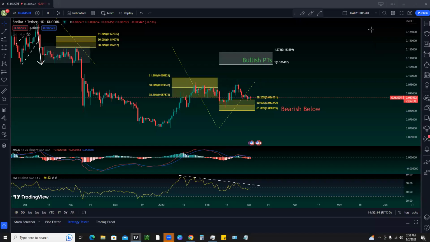We're going to be taking a look at our daily chart time frame as always, and we have our major Fibonacci levels on here, some bullish price targets, as well as the RSI. We have a couple signals on the RSI as well. Now, if you're not familiar with how to use the fibs, there's three specific levels you want to pay attention to: the 61.8, the 50%, and the 38.2% levels.